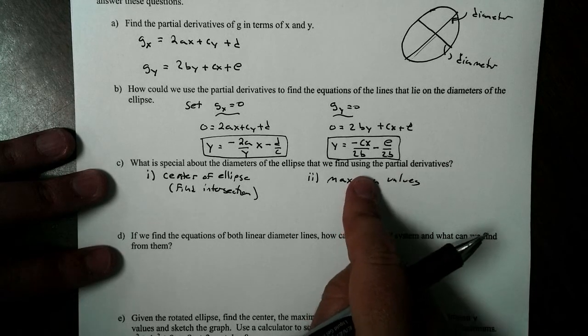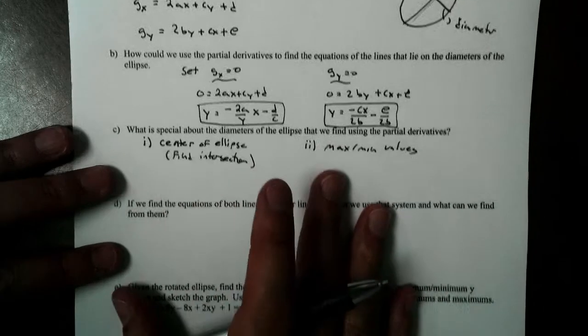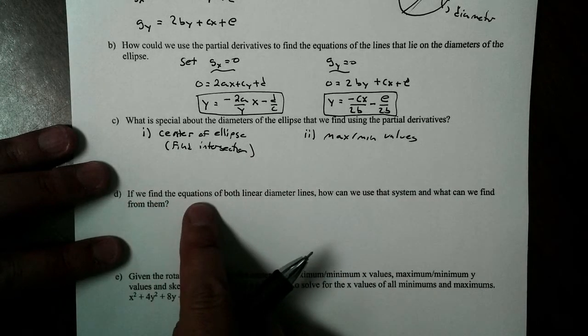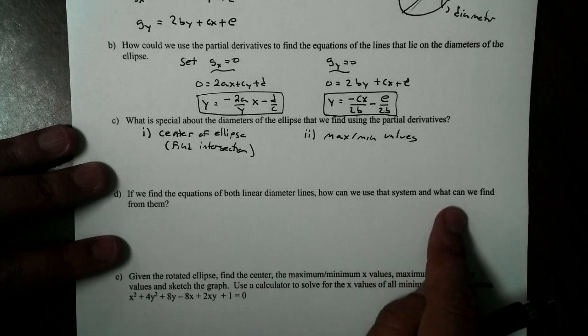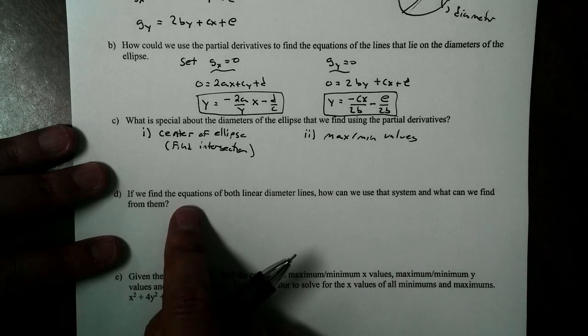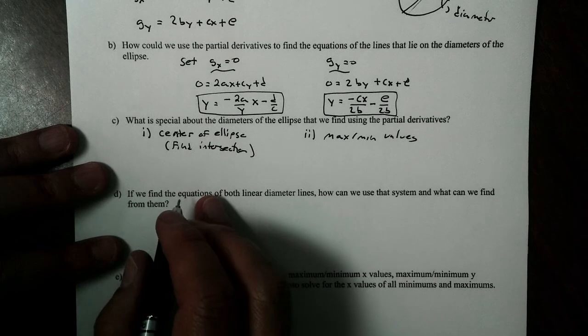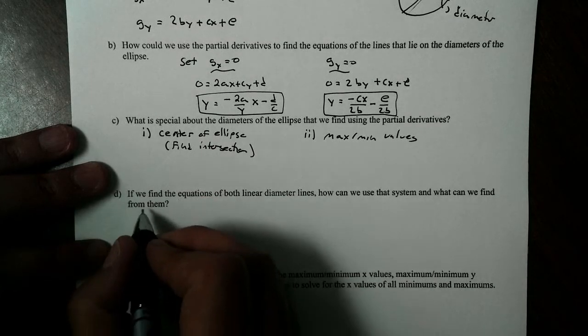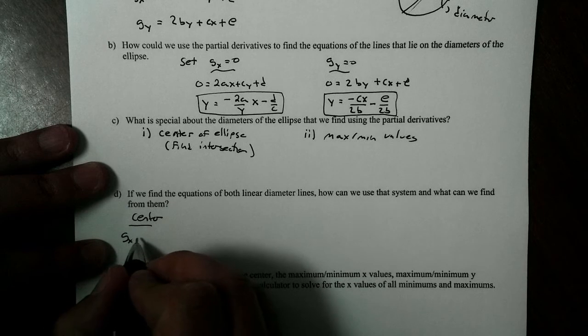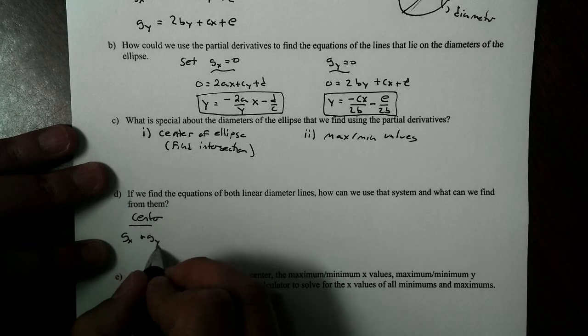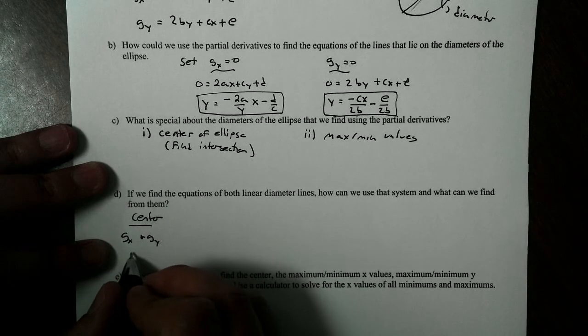So let's take a look here. If we find the equations of both linear diameters, how can we use that system, and what can we find from them? Well, of course, we just talked about how we can find the center. To get the center, we just set the two partials equal to 0 and solve.